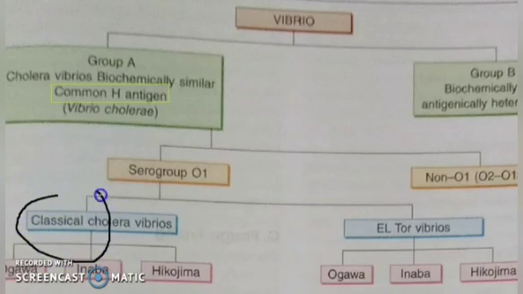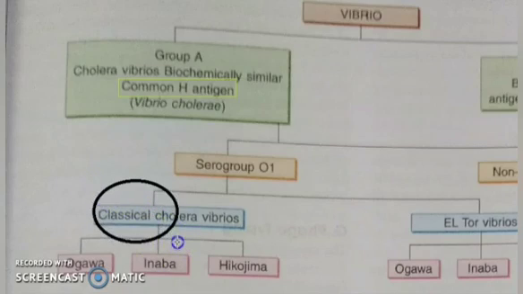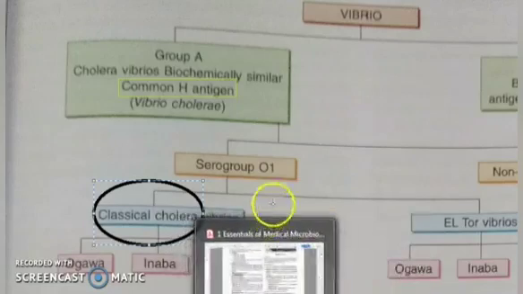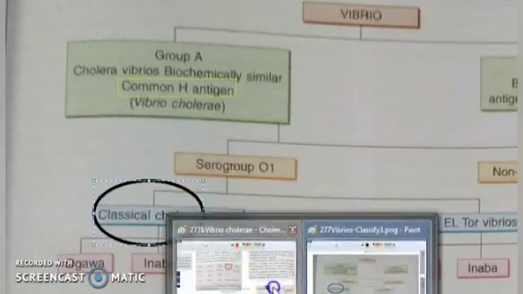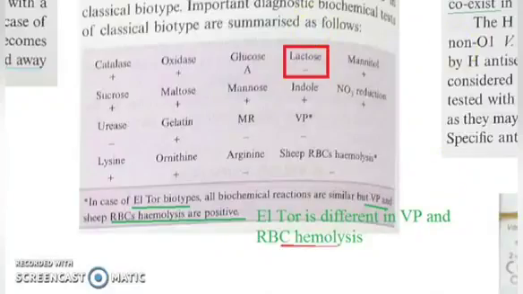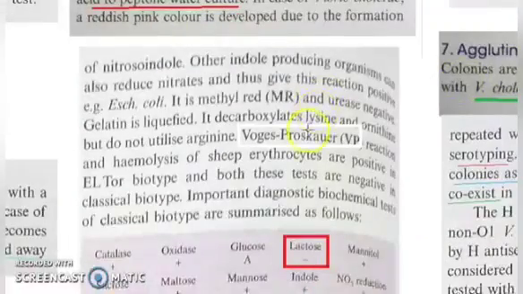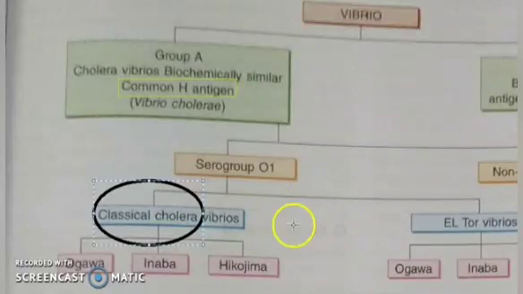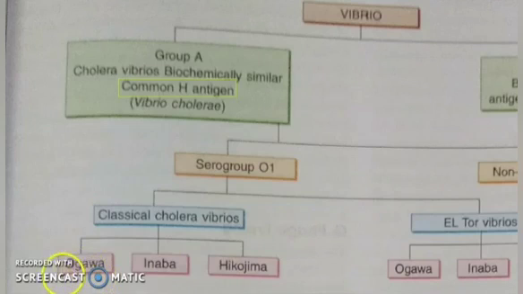It is lactose negative, VP negative, and hemolysis negative. VP, what is that full form? Voges-Proskauer. Okay. Now continuing with the classification, under each of these you have three: Ogawa, Inaba, Hikojima.